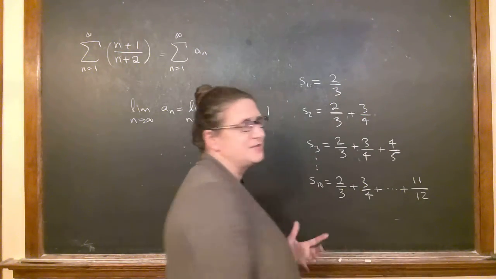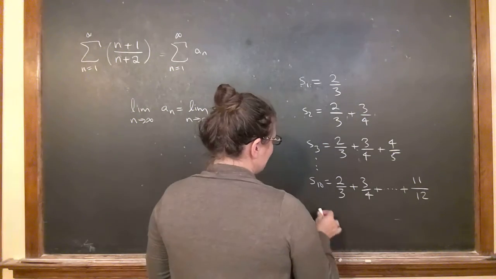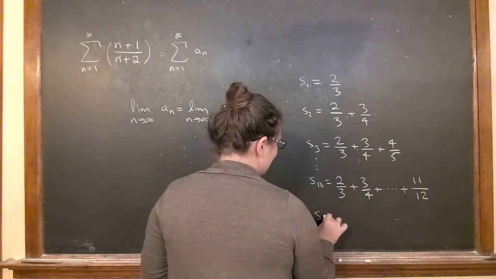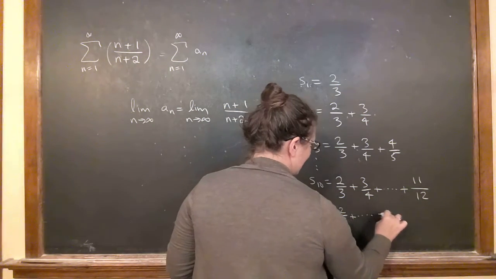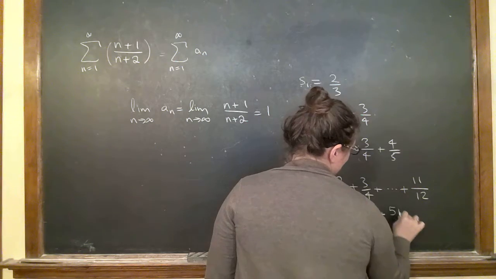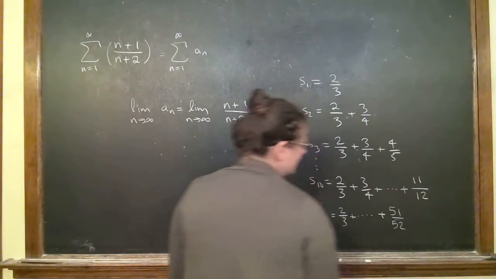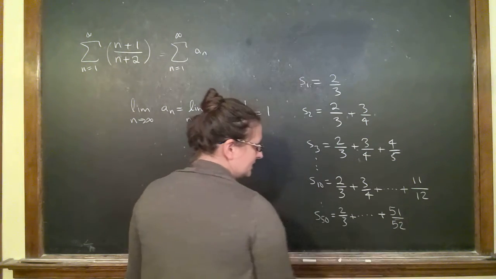So 11/12 is kind of close to 1. And so if I get really big here, if I'm at S_50, all the way here, I'm adding 51 over 52. 51 over 52 is pretty close to 1. The difference between this and 1 is small.